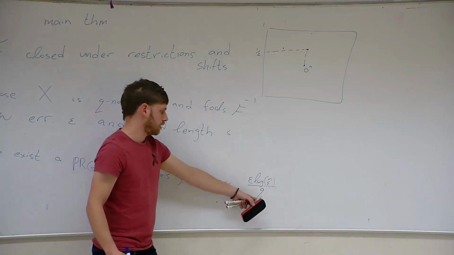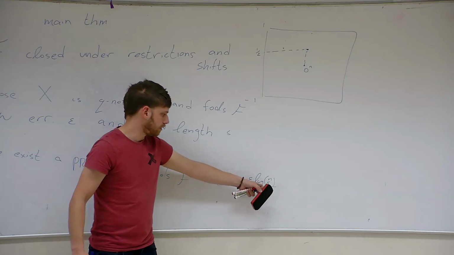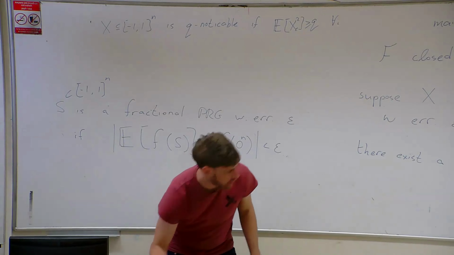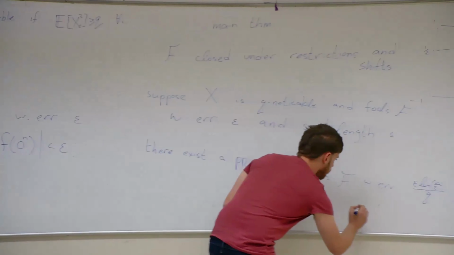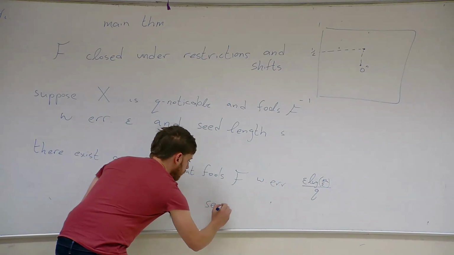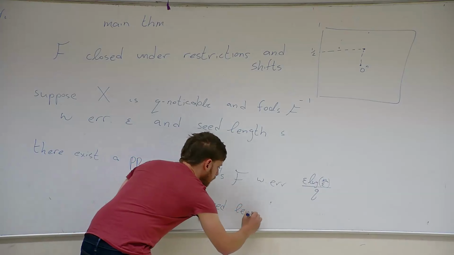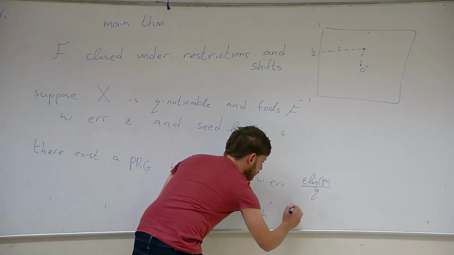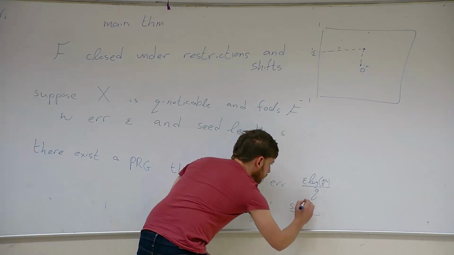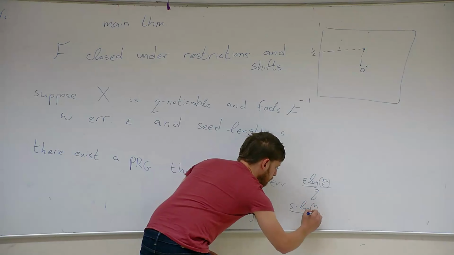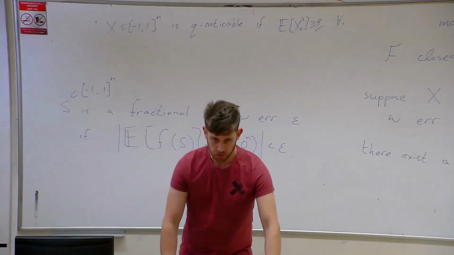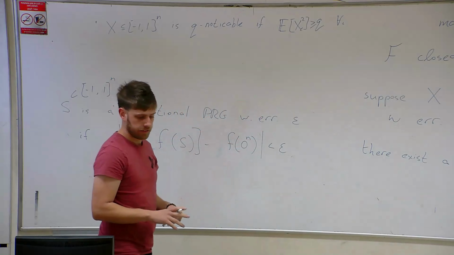So we lose a factor of Q and a factor of log n over epsilon. And the seed length also had the same loss: S over Q times log n over epsilon. Okay, so is it clear?